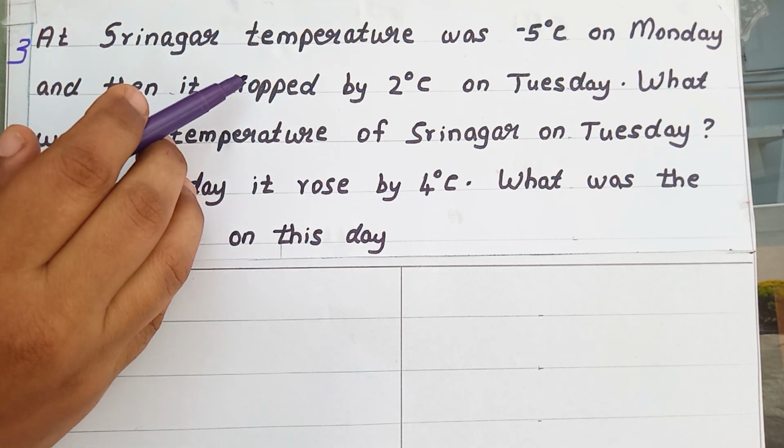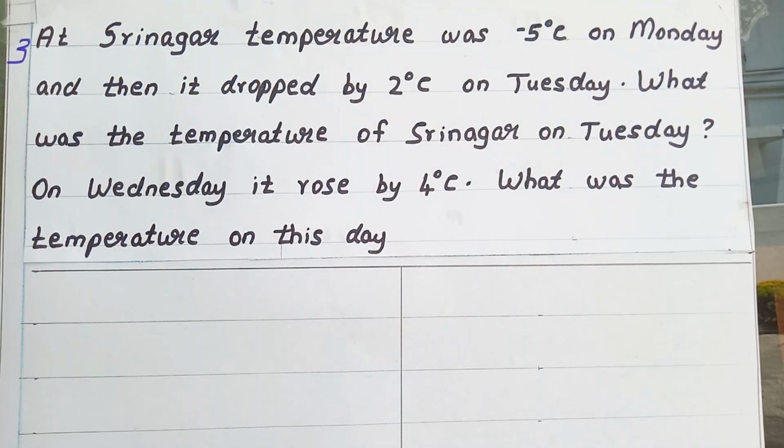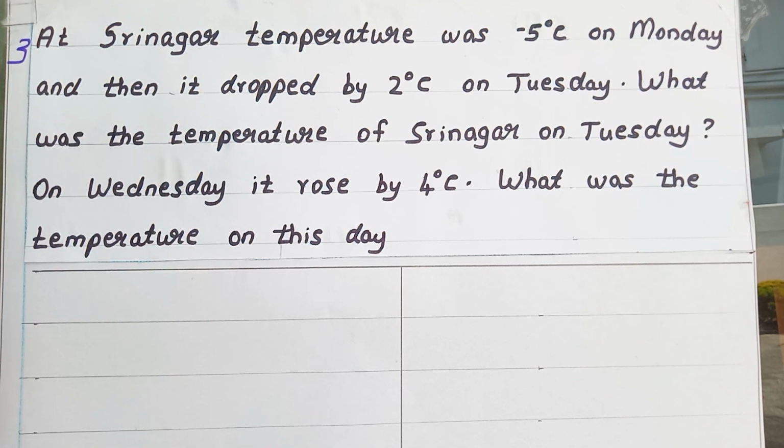So, at Srinagar, temperature was -5 degrees on Monday. So, first step is temperature of Srinagar on Monday. Just write down the step.